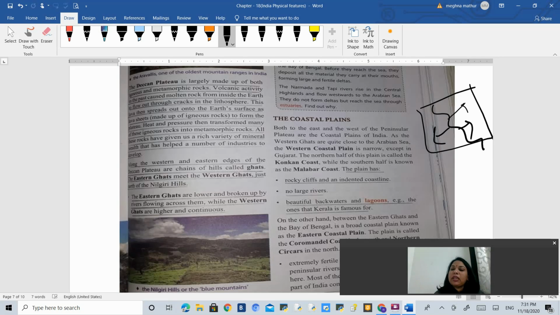Due to the eruption, this land has been converted into a plateau because of this volcanic lava. That is why this whole Deccan Plateau is made of igneous and metamorphic rocks, derived from this lava, which has cooled down and been converted into igneous rocks. That is why this area is very rich in minerals, and it is also very good for farming because of the availability of these minerals.